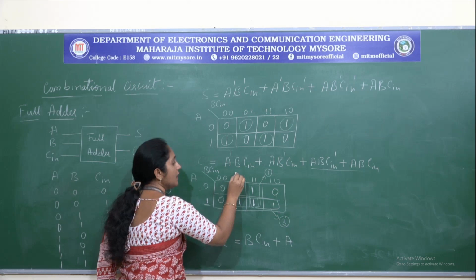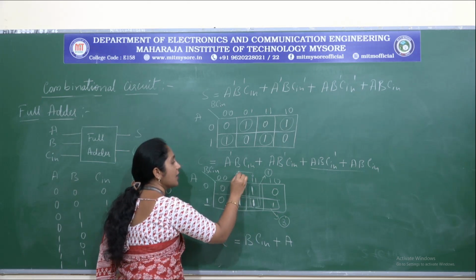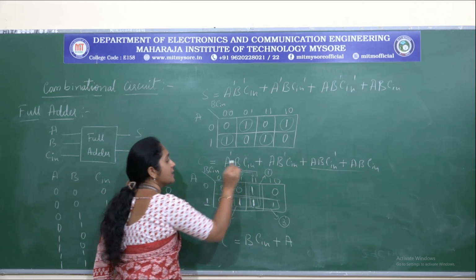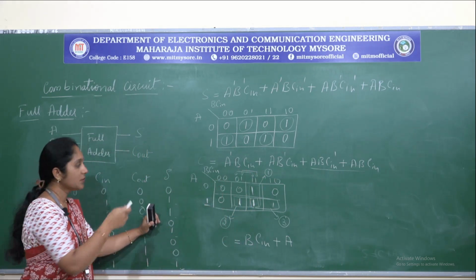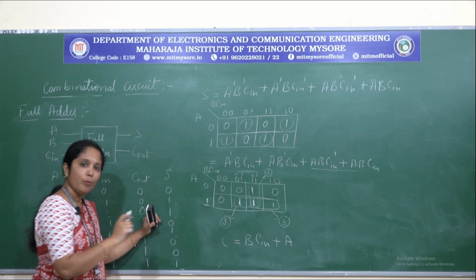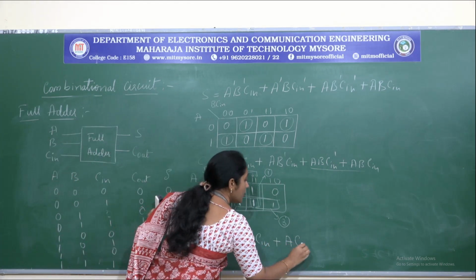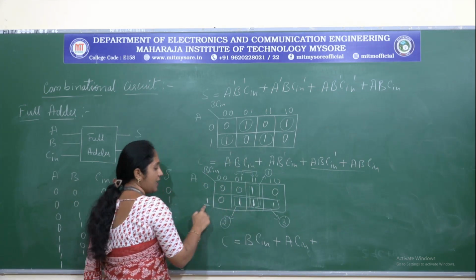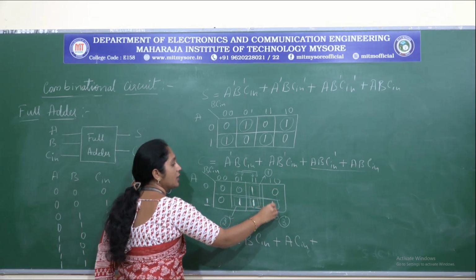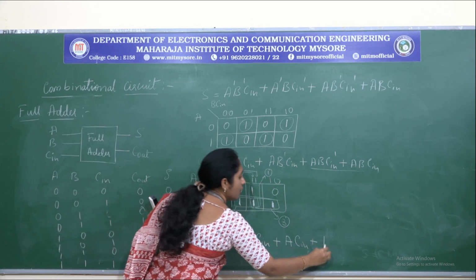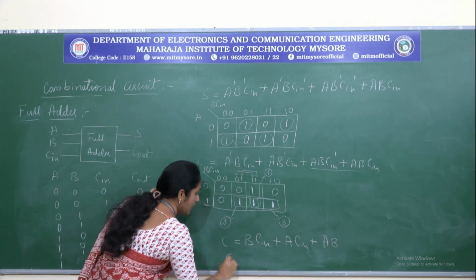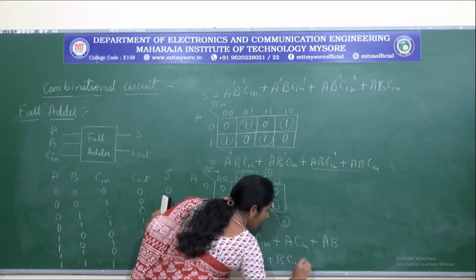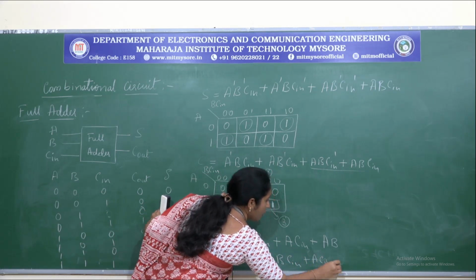Here B has changed from 0 to 1, but C is remaining the same for both. Therefore A into Cin is another expression. For the last one, A is common again for these two, and on the top B is common, so AB. If I rearrange, AB plus BCin plus ACin.